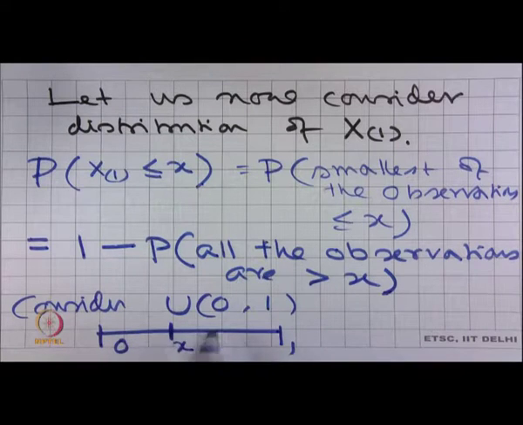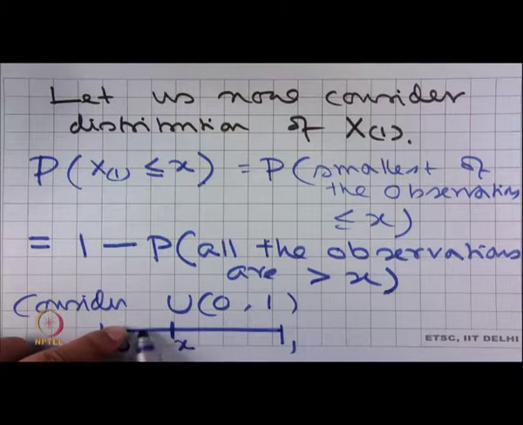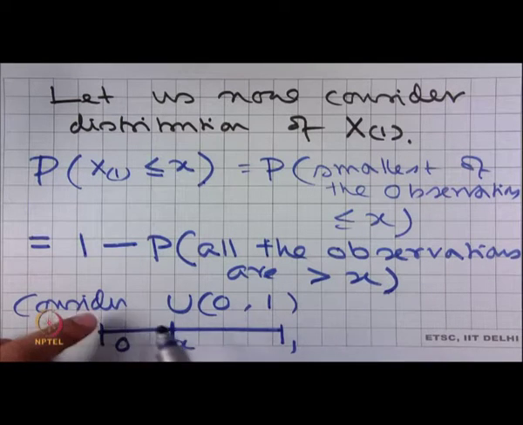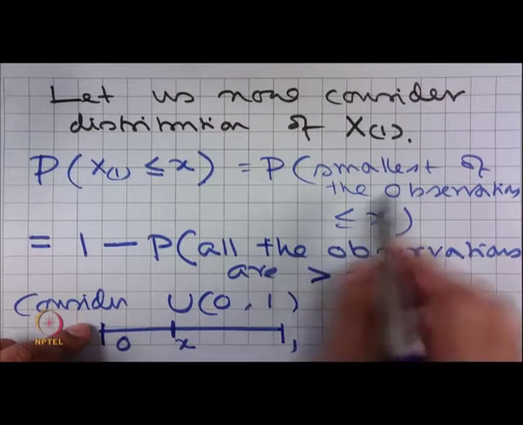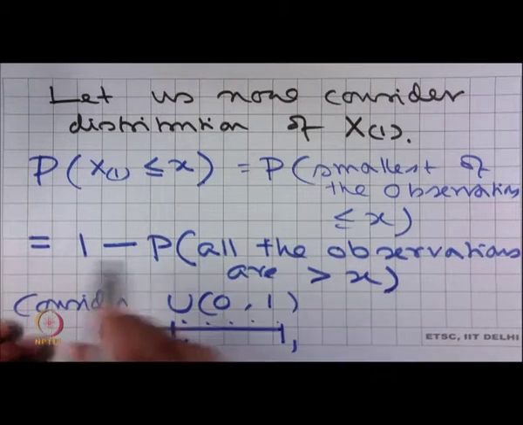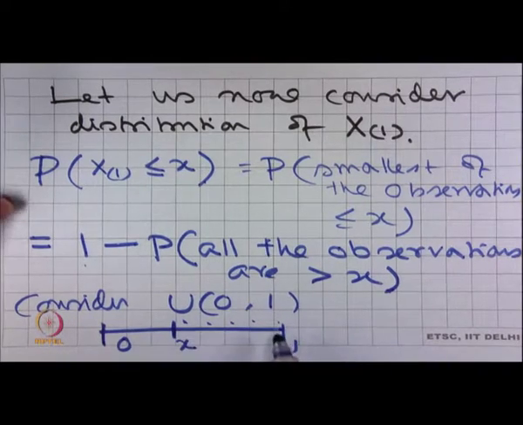Therefore, if any one of them is less than x, then the minimum has to be less than or equal to x. But if two of them are less than x, still the minimum is less than or equal to x, and if all n are less than x, then also the minimum is less than or equal to x. Therefore, the probability that the minimum is less than or equal to x is the complement of all the observations being greater than x. Therefore, 1 minus the probability all the observations are greater than x.